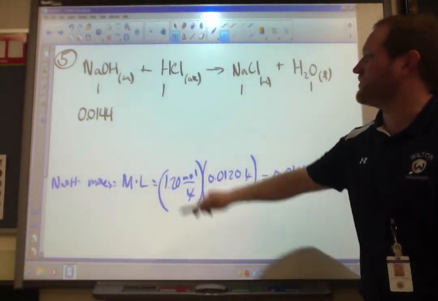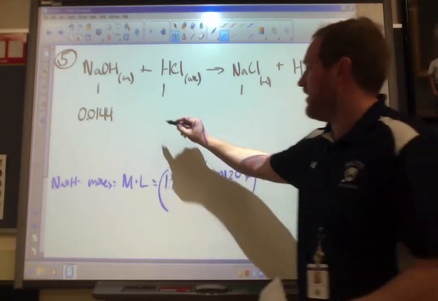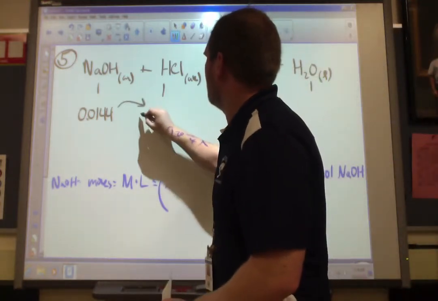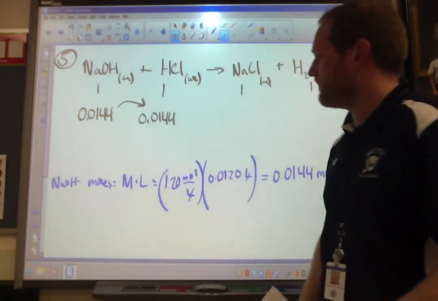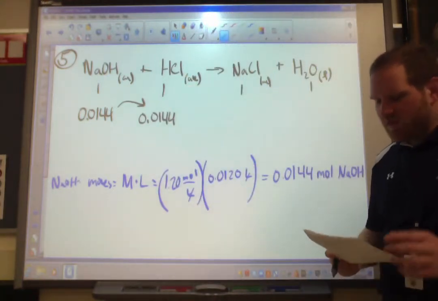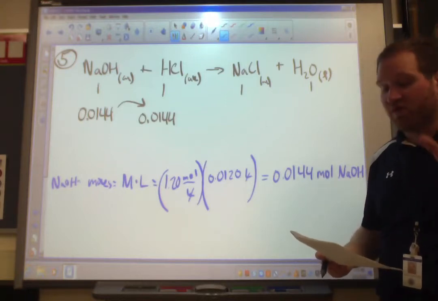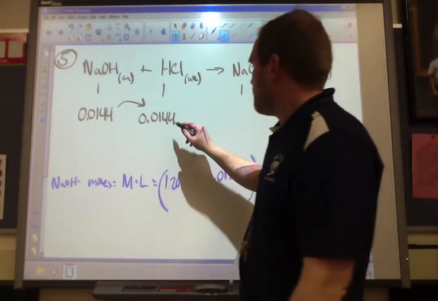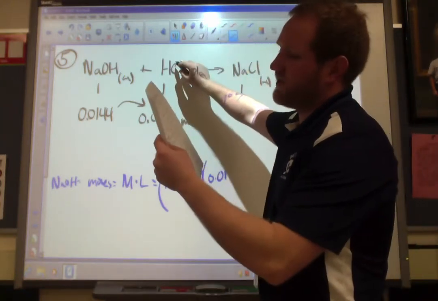Okay? And since it's a nice easy 1-to-1 ratio, in order to get that perfect reaction, I also need 0.0144 moles of HCl. But the problem doesn't ask how many moles you need. It asks what volume of the HCl. So this is moles. I know my molarity of the HCl in the problem.